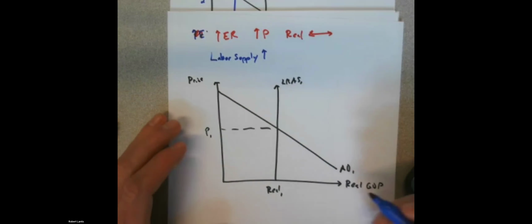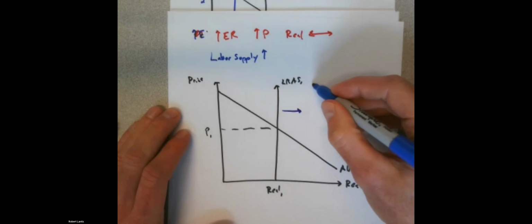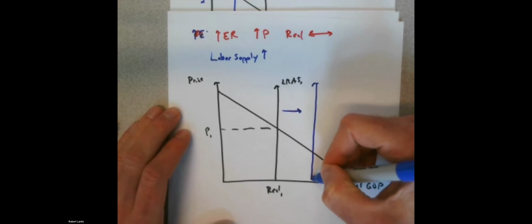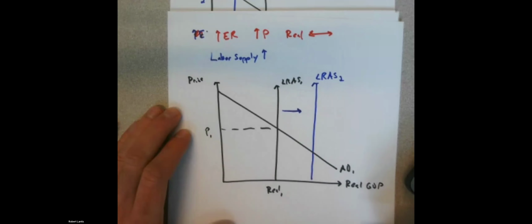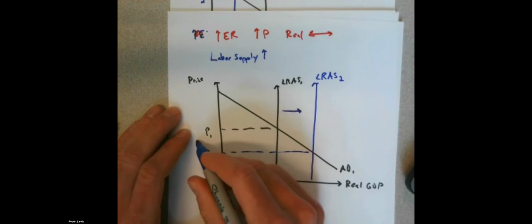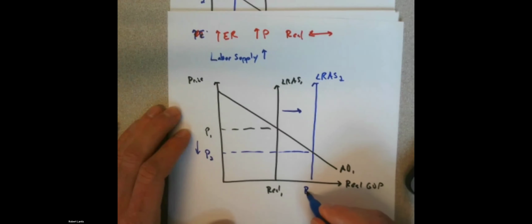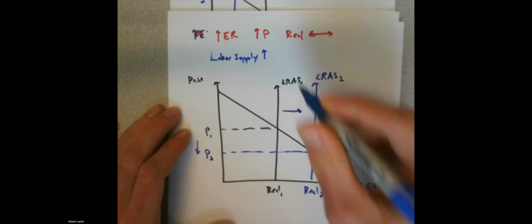What is this labor supply increase going to do? Well, that's going to give us more available workers to increase output, one of the factors that increased our long run aggregate supply. So what did that do to our equilibrium? It pushed prices down and it caused our real GDP to go up, right?